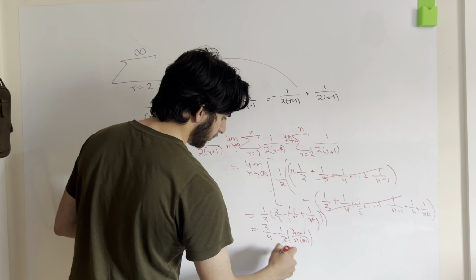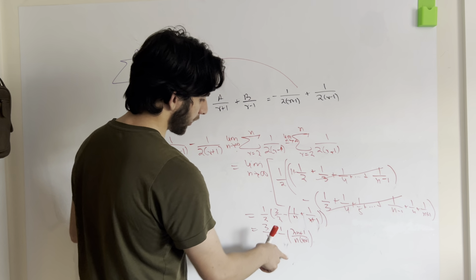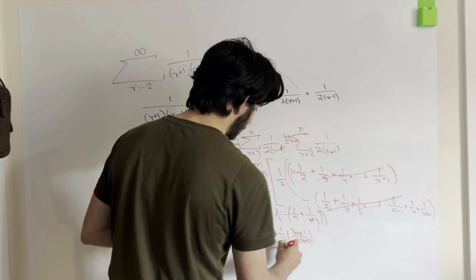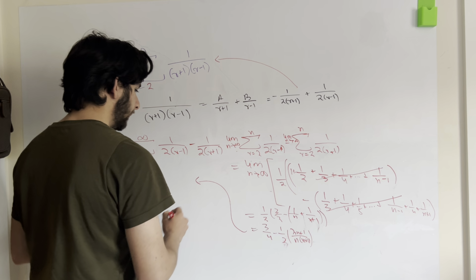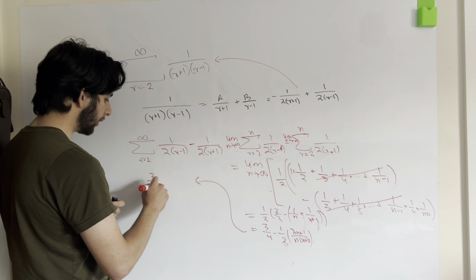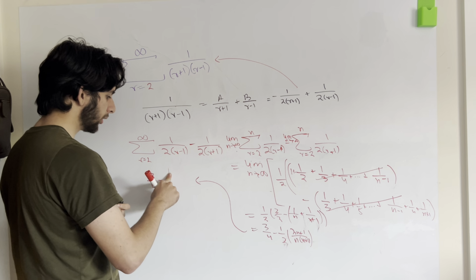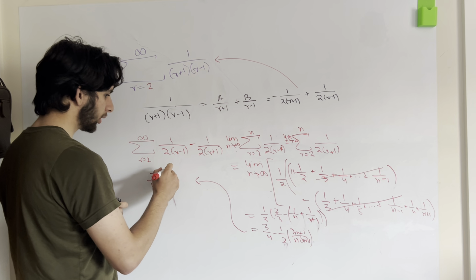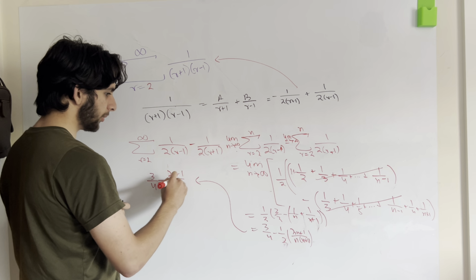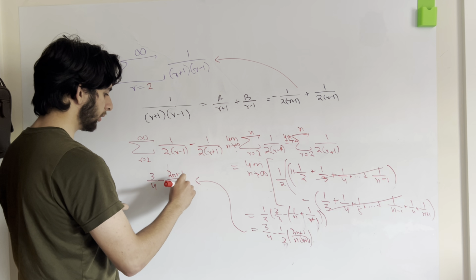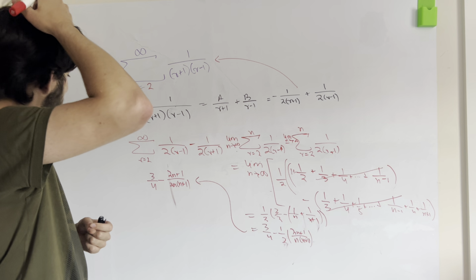The 2 doesn't cancel, it just leaves a 2 just like that. Moving here, your final expression is 1 times 2n plus 1 divided by 2n plus 1. And that should be the expression.